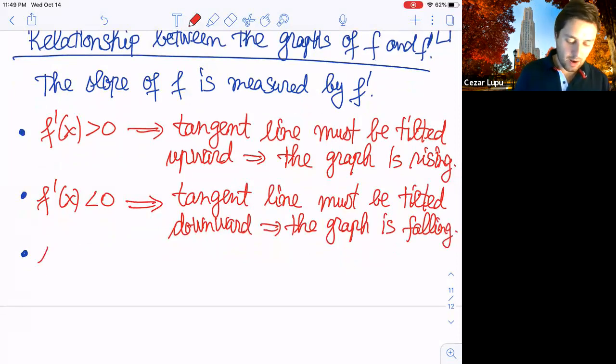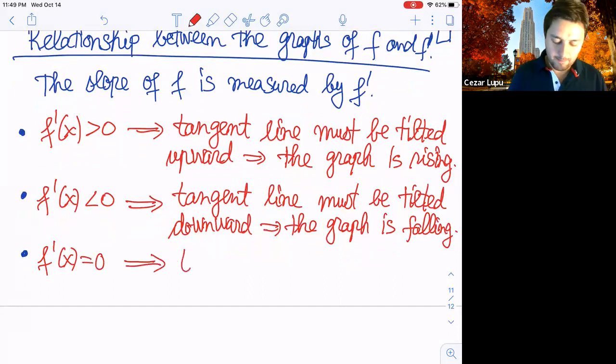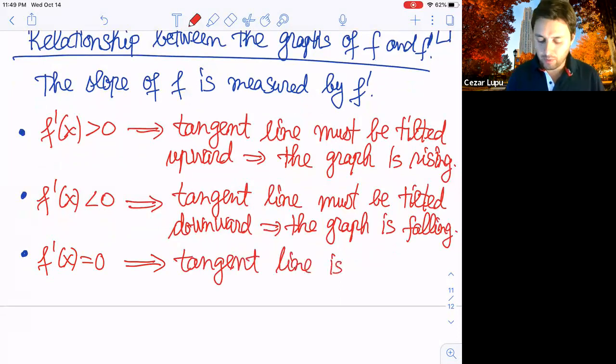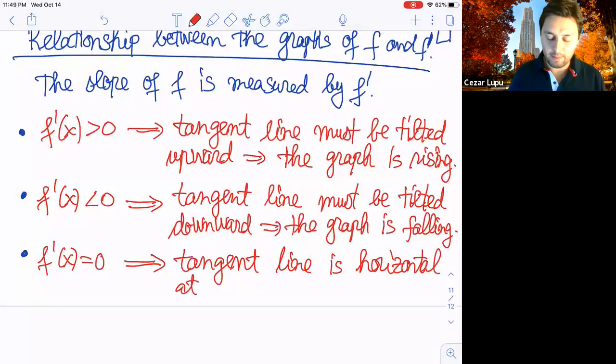Now the third scenario is when f prime of x is 0. So this means that the tangent line is horizontal at the point x.